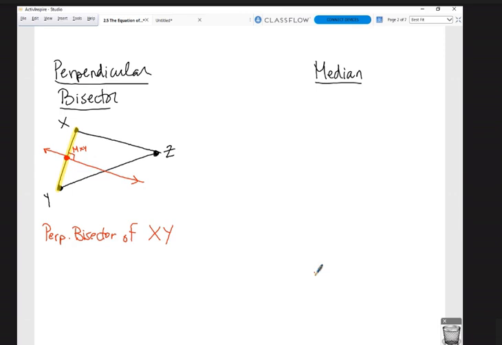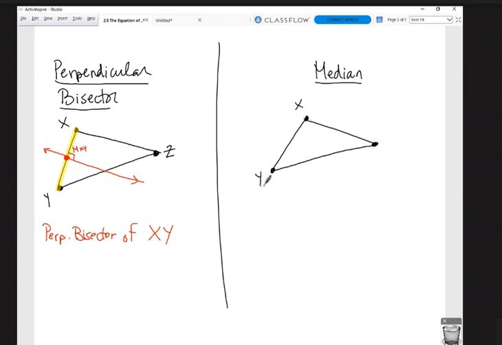Okay. Median. Let's say it also comes from this triangle X, Y, Z. How about we talk about the median from X to YZ.